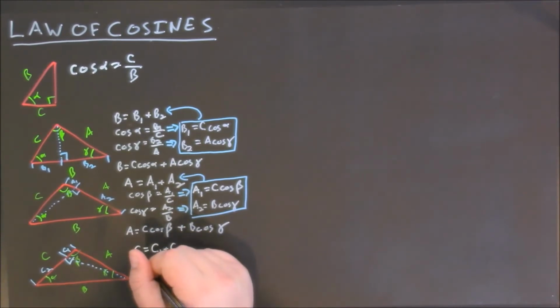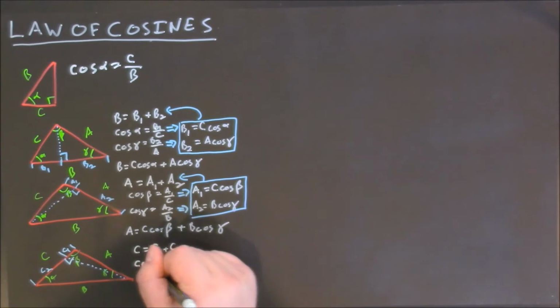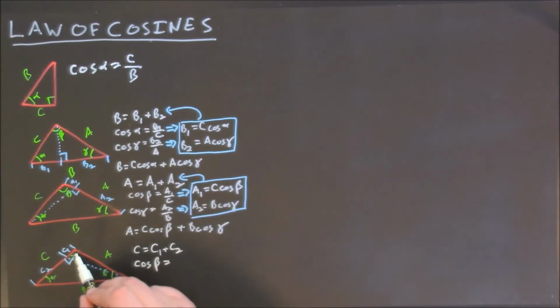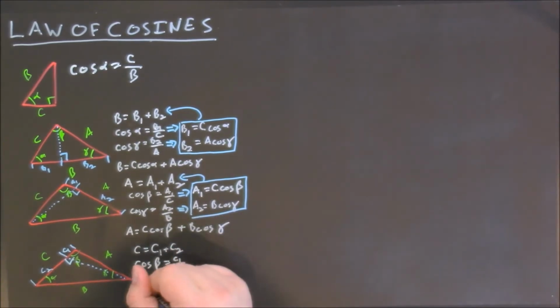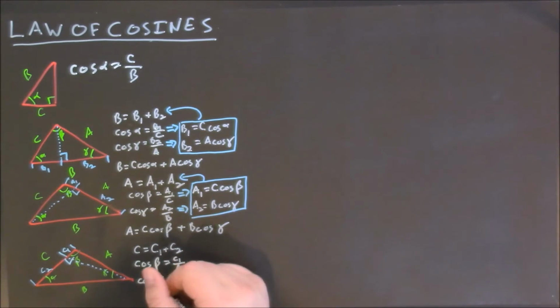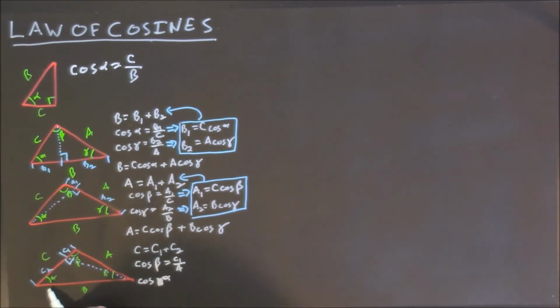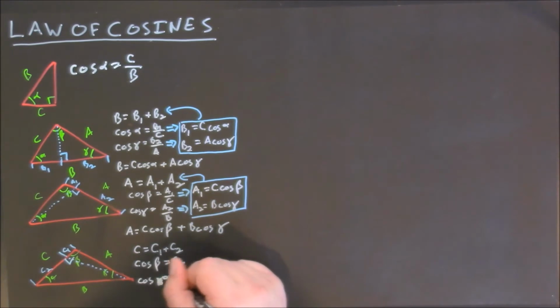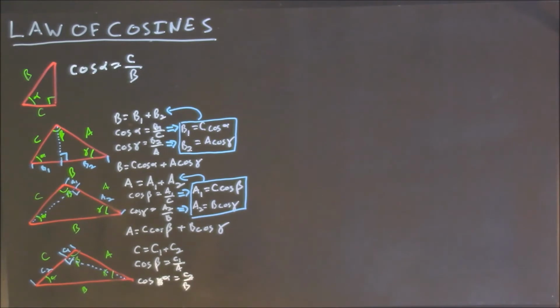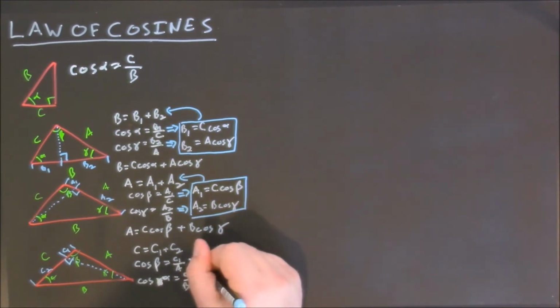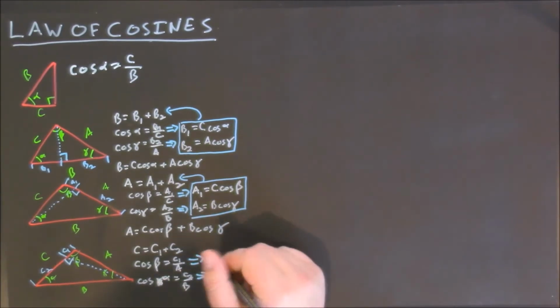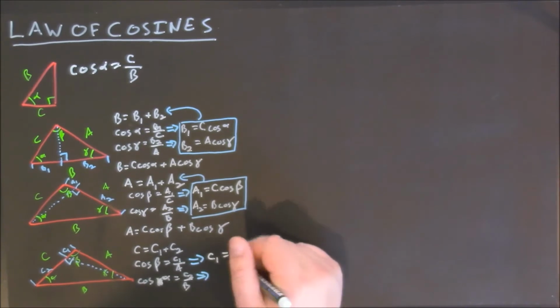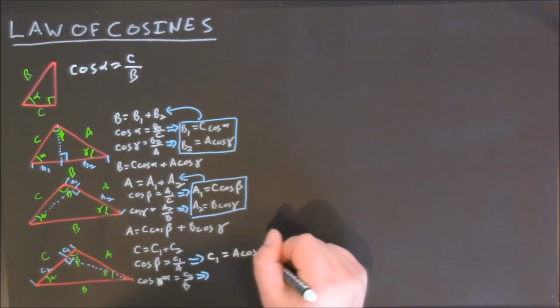And starting to get some of the cosines, we can say that cosine beta is equal to the adjacent side C1 over the hypotenuse A, and cosine of alpha is equal to the adjacent side C2 over B. Just like before, we're going to rearrange these equations so we can simplify, and we get that C1 is equal to A cosine beta.